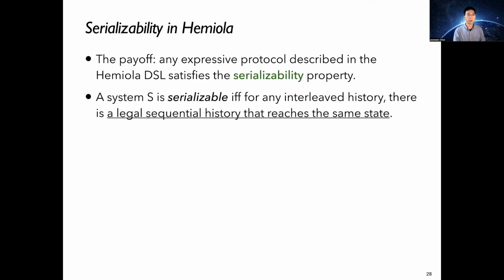In terms of verification, any expressible protocol described in the Hemiola DSL satisfies the serializability property. And we define a system as serializable if and only if, for any interleaved history, there is a legal sequential history that reaches the same state.